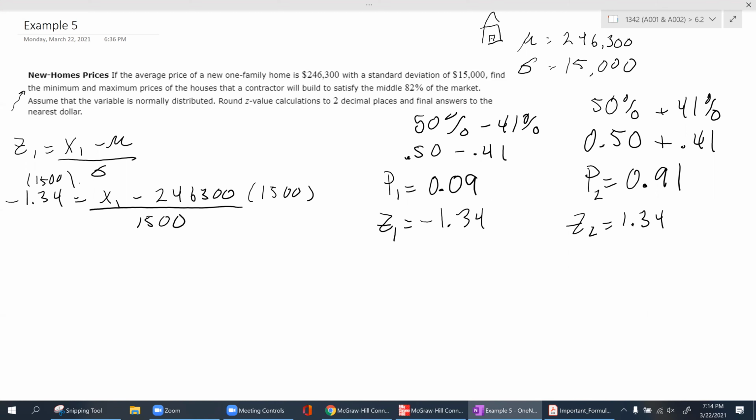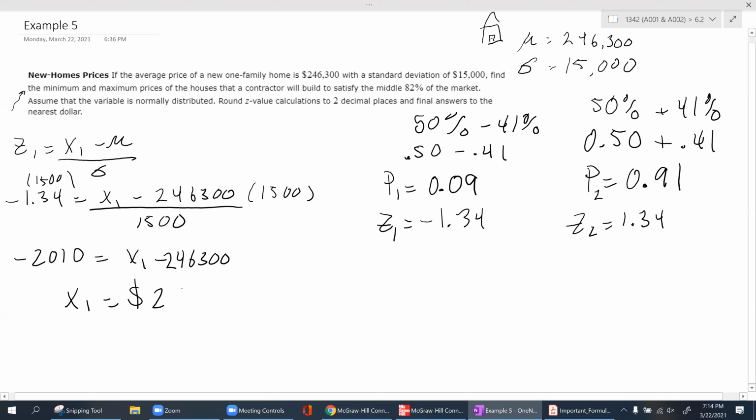That gives negative 2010 equal to X1 minus 246,300, meaning X1 is equal to 244,290.